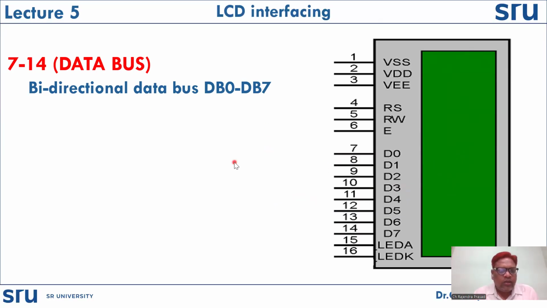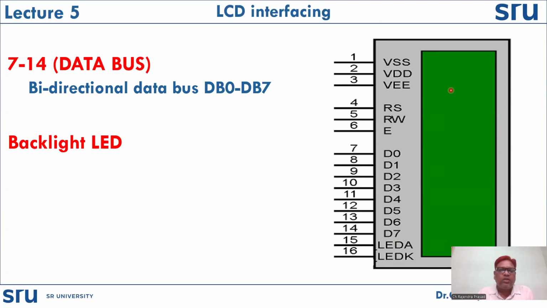And finally, we have the last two lines, the 15th line and the 16th line. The 15th line is LED anode and the other one is LED cathode. These two lines are optional. Based on the ambient light, the display may not be visible.